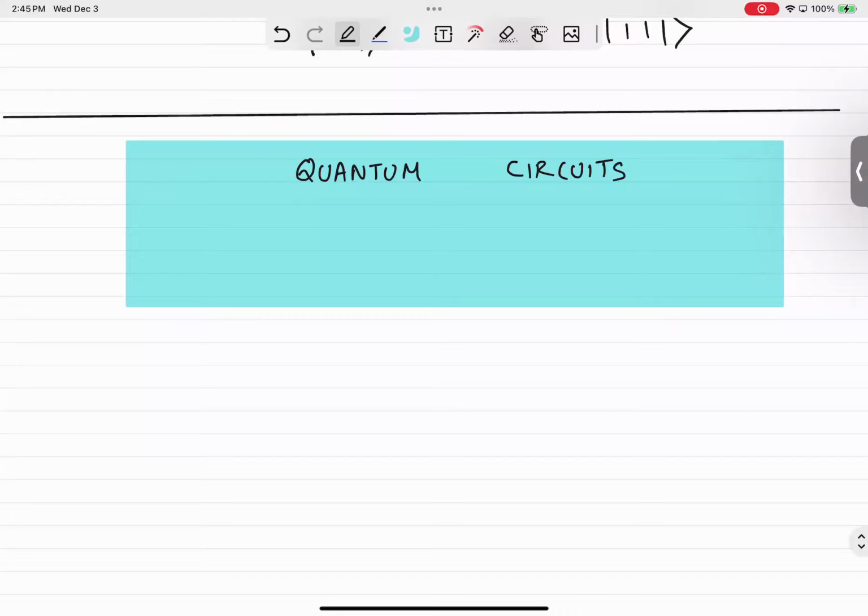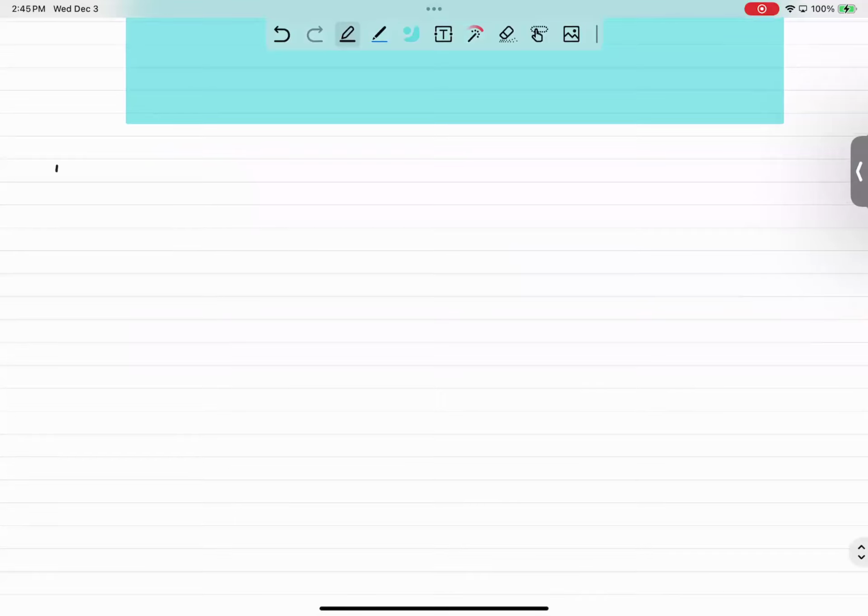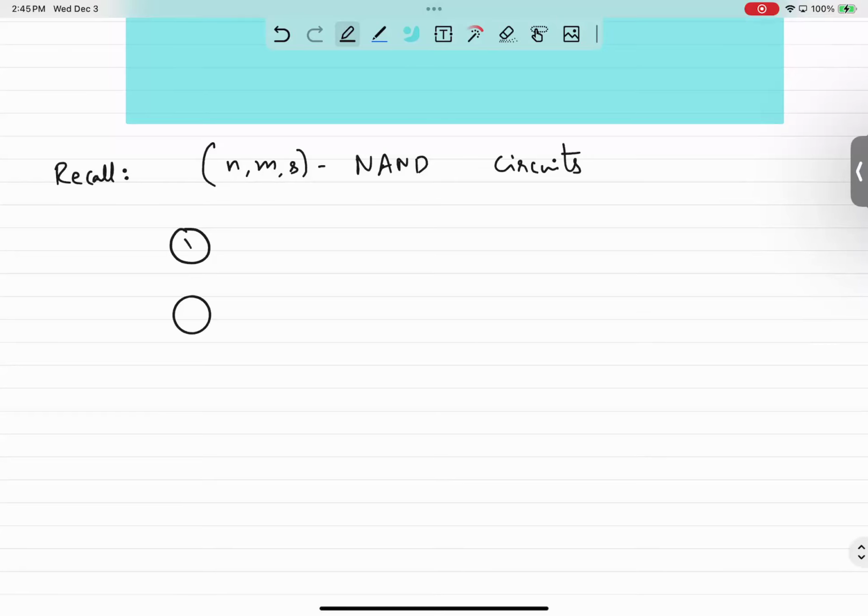Okay. And before we go there, let's recall how we defined classical circuits. We had this notion of NAND circuits, right? So an NMS NAND circuit had n variables, which we said were x0, x1, all the way up to xn minus 1.